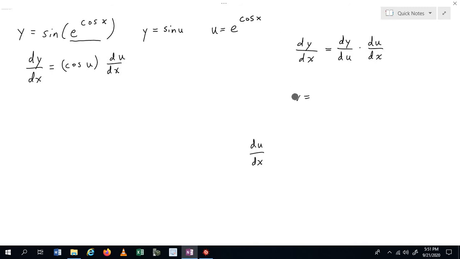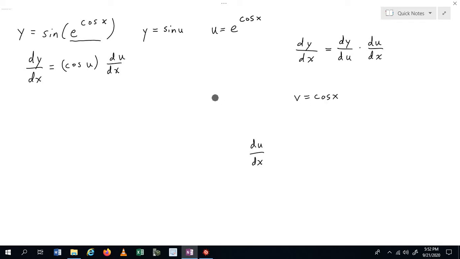Now you have to pull another variable out of the air. I do not want to use y, u, or x because I've already used those. So I'm just going to use a different one from the ones we used before, and I'm going to call the inner function for this composition v. Now normally you would call it u, but we've already done that the first time. So for this particular composition, I'm going to call the inner function something different. I'm going to call it v.